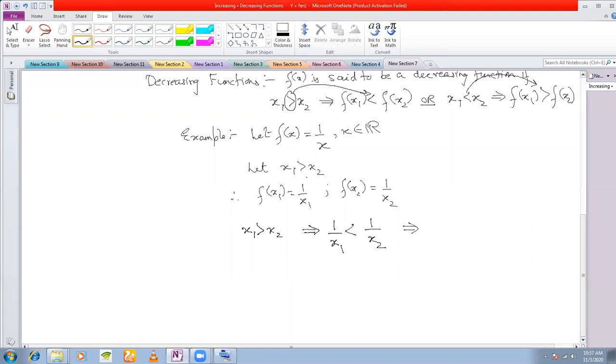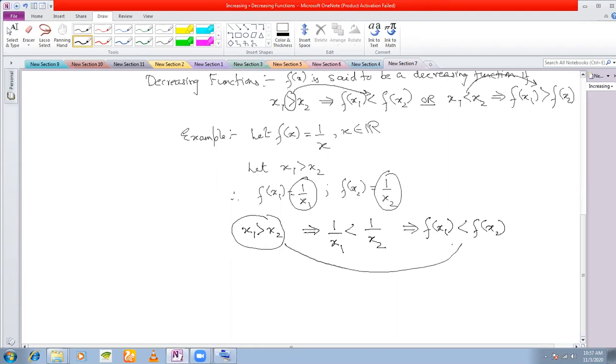But what is 1 by x1? 1 by x1 is f(x1) and 1 by x2 is f(x2). So what do you see? x1 greater than x2 implies f(x1) less than f(x2), right? So therefore we can say f(x) is a decreasing function. Fine?